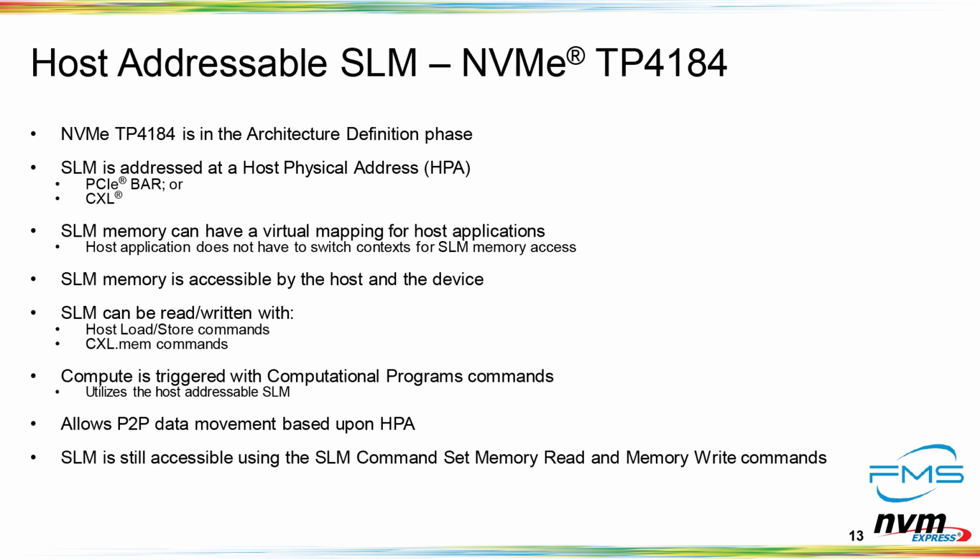It will be sort of like CMB, and it will have some of the same characteristics as CMB, but that's still the architecture. Part of this is exactly how it compares to CMB and how it's different from CMB. It will also be accessible using the NVMe command set, so there are two ways of accessing the memory.